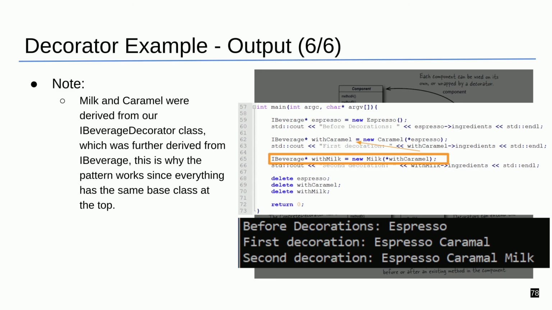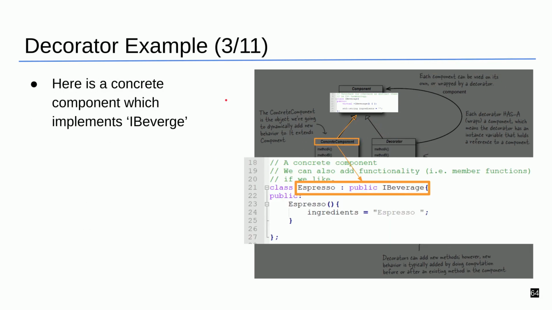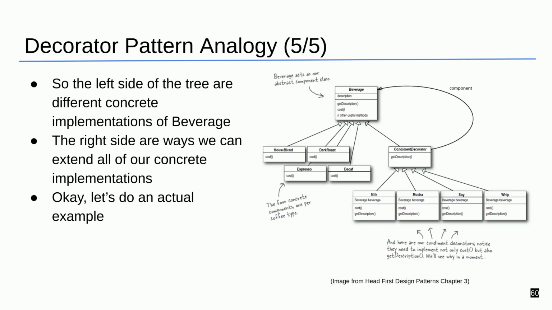So this is a nice pattern again because it made things really clean. We'll think about the pros and cons, but if I just sort of go back to this slide here, we can easily add and extend from just sort of two different places. Maybe we'll have a different type of coffee here.